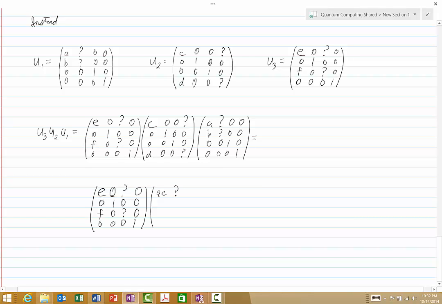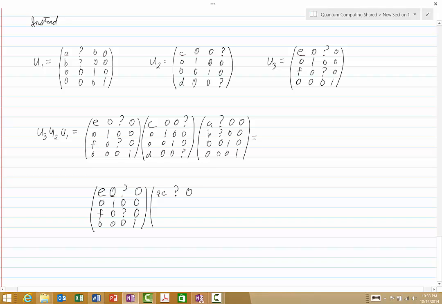C0, 0 question mark times this column is definitely going to be 0, because we get 0 times C, which must be 0, 0 times 0, which must be 0, 1 times 0, which must be 0, and 0 times question mark, which must be 0.